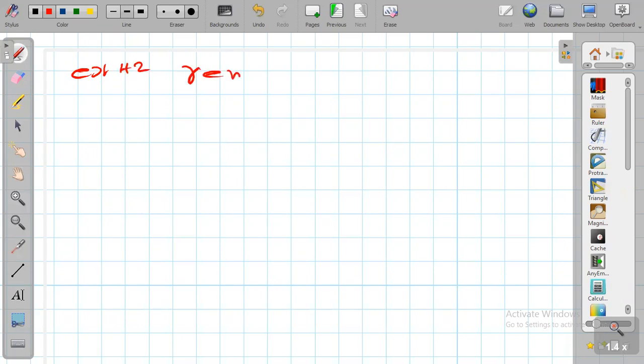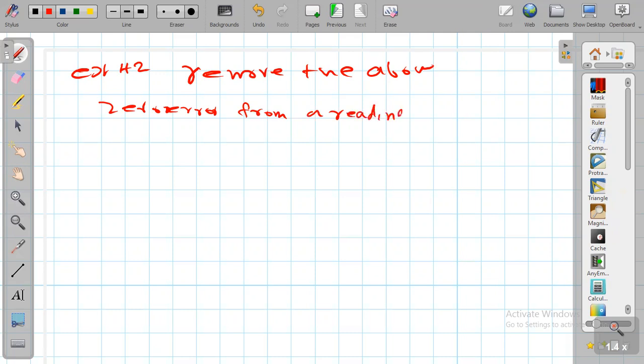Remove the above zero error from a reading of what? 10.46 centimeter.